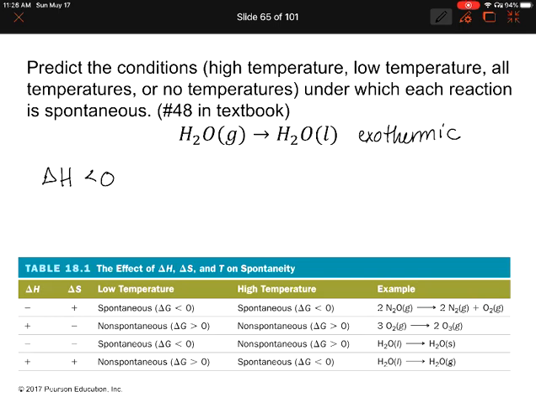So if we're going from more entropy to less entropy, is delta S positive or negative? Or, another way of asking that question, is entropy increasing or decreasing? So it's decreasing, right? We're going to a more ordered state, which is the liquid. So delta S is going to be negative because entropy is decreasing.